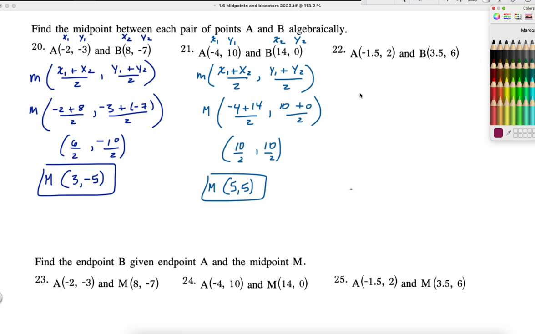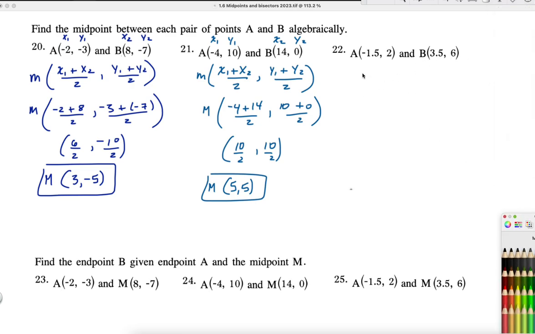Let's do some more. Last one from this set, and we have a decimal here. It's okay. We'll trust the equation will work out for us. And if we get decimals in our answer, that's okay. So -1.5 plus 3.5 divided by 2.